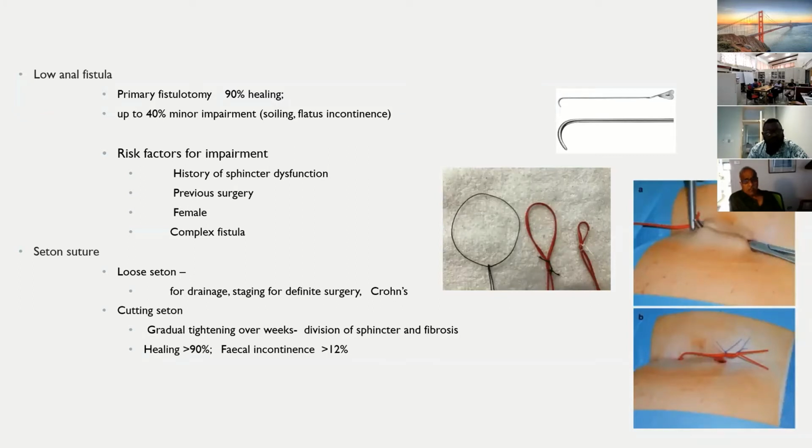Now, in the picture on the right-hand side, there are a couple of devices. The one on the top is called Lockhart memory probes. There are a set of 4 of them. The lower one is very helpful. It's a curved instrument with a little groove on it, along with an eyelet on the tip.